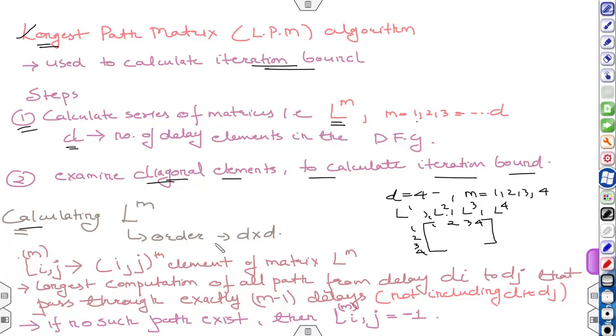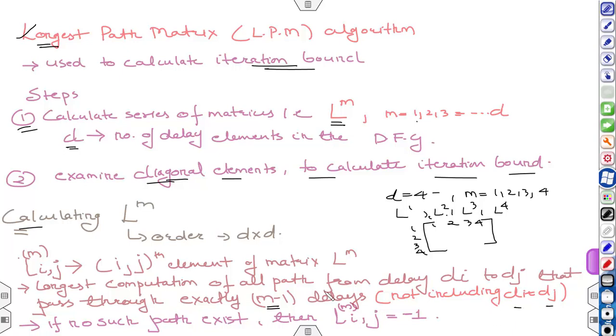Okay, so now you have to calculate the elements of this matrix. This is denoted by small l i comma j, m. This is the i comma jth element of matrix Lm. It is defined as the longest computation time of all paths from delay di to dj that pass through exactly m minus 1 delays, and di and dj are not included.